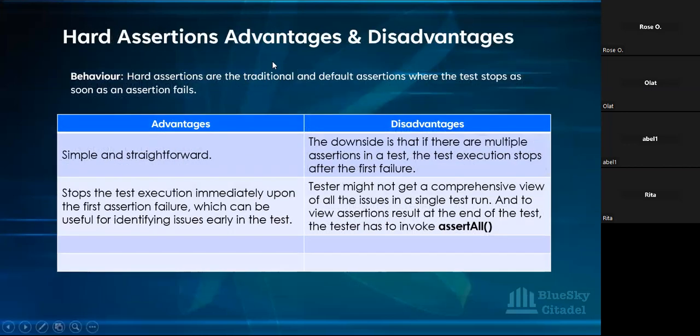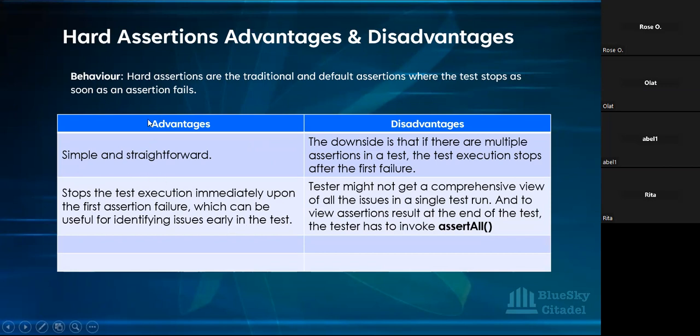Hard assertion advantages and disadvantages. The behavior: hard assertions are the traditional and default assertion, where the test stops as soon as an assertion fails. Advantage: simple and straightforward. It stops the test execution immediately upon the first assertion failure, which can be useful for identifying issues earlier in the test.